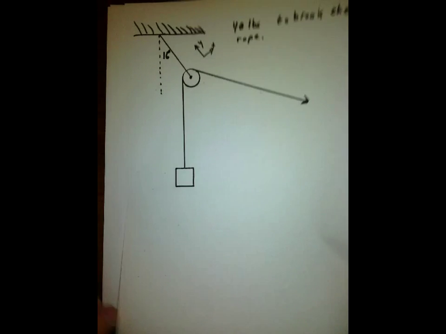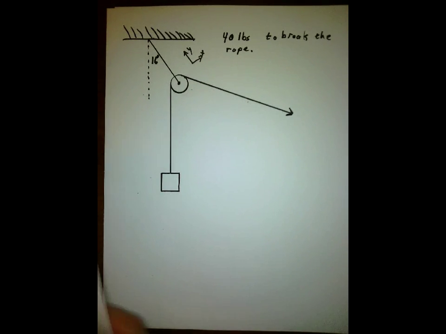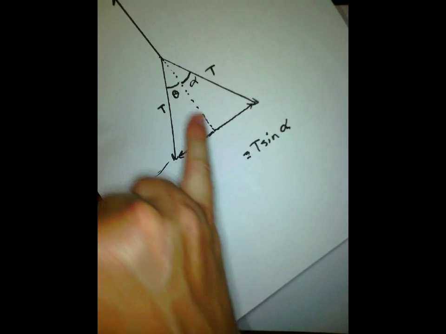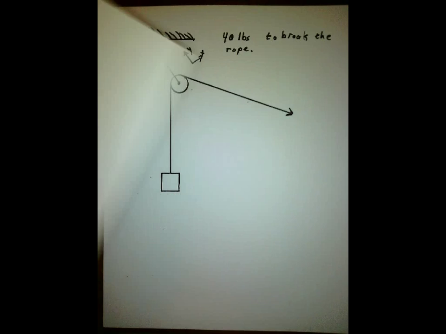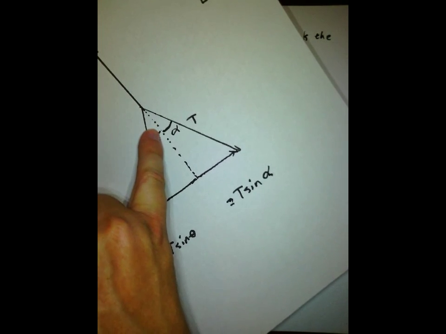So let's go back to the original and see if there's any hint as to what those two angles are. Alright, so if we look carefully, this dotted line is a continuation. It's a line of action, we could call it, for this vector.